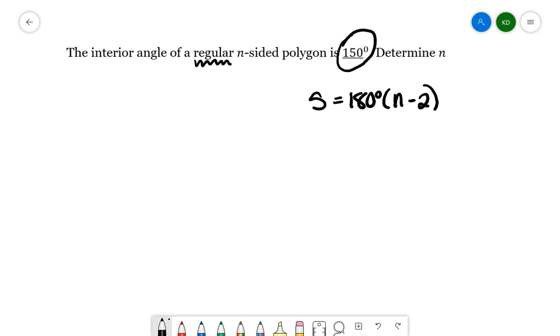S equals 180 degrees times n minus 2. What we need to do here first is think about, all right, well, 150 times n, the number of sides, would give me the full interior angles. So if one angle is 150 degrees, and I multiply that by how many sides the polygon has, then this is equal to the sum of the interior angles.